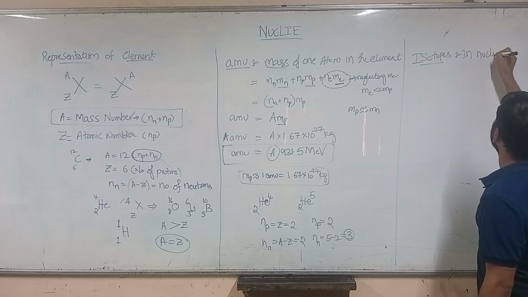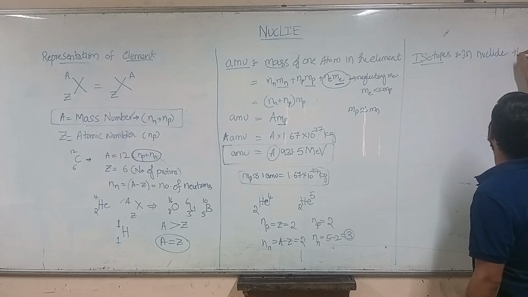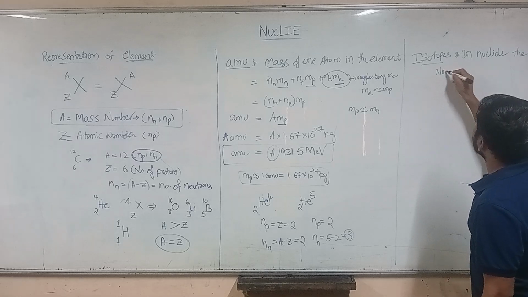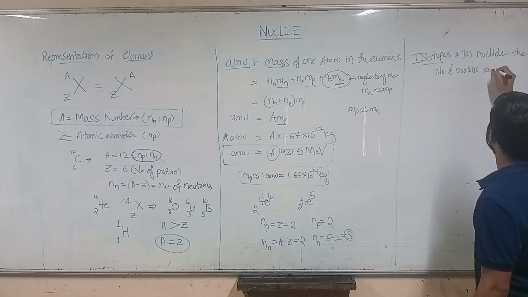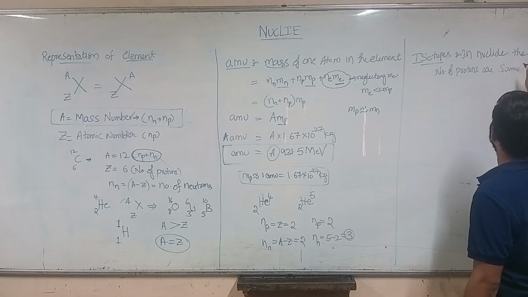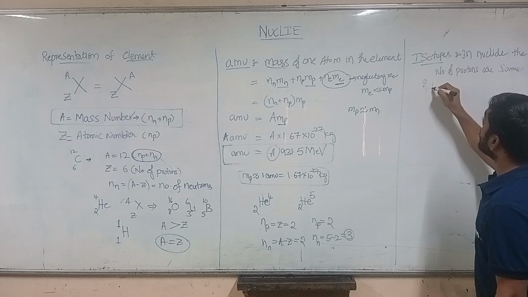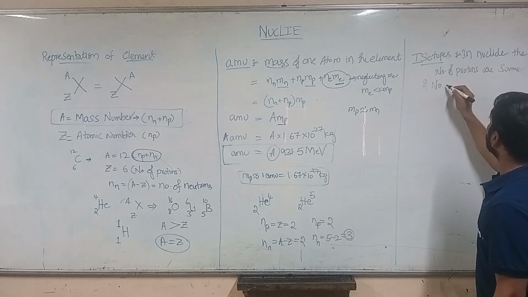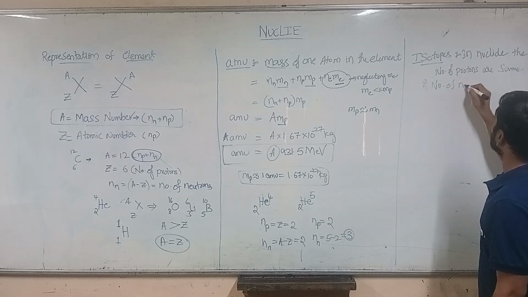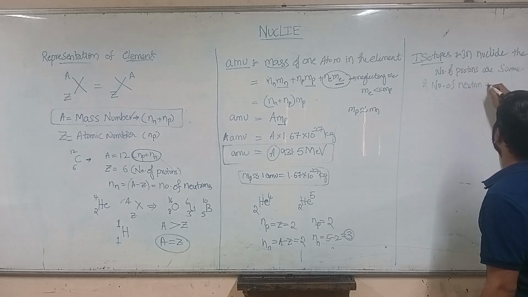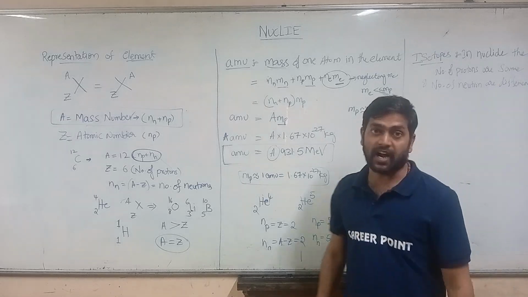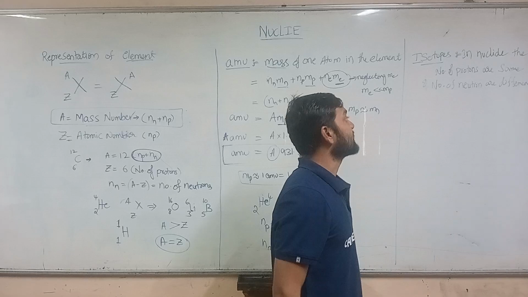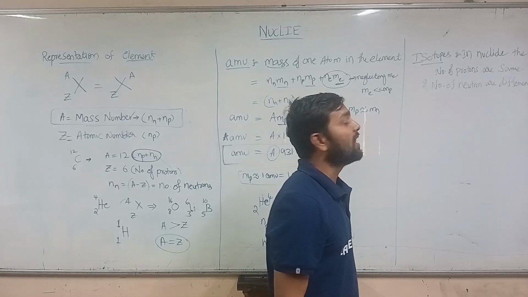In nuclide nuclei, the number of protons is the same and the number of neutrons is different.